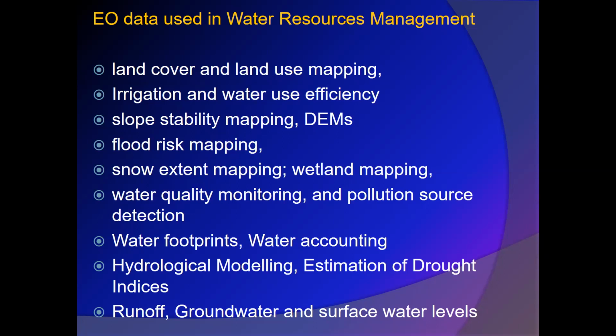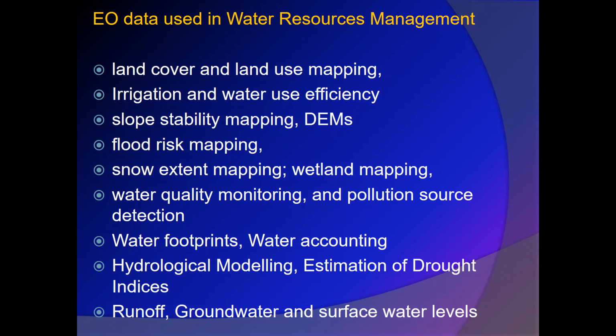There's no doubt that Earth observation satellite imagery plays a huge role in mapping out areas. More importantly, recently, flood risk mapping, but also floods and droughts mapping, a very important component.